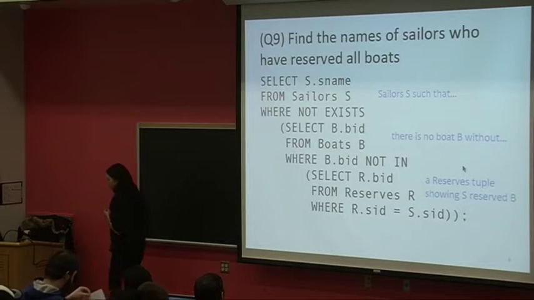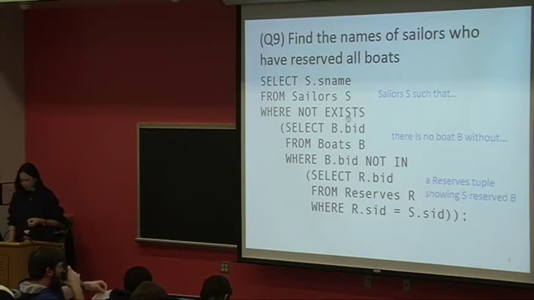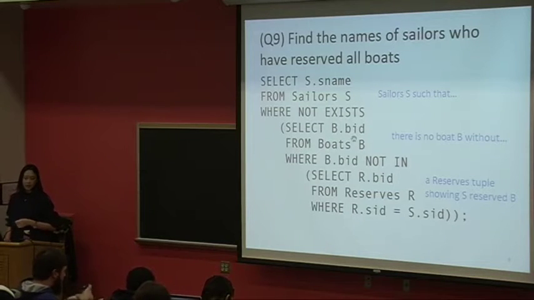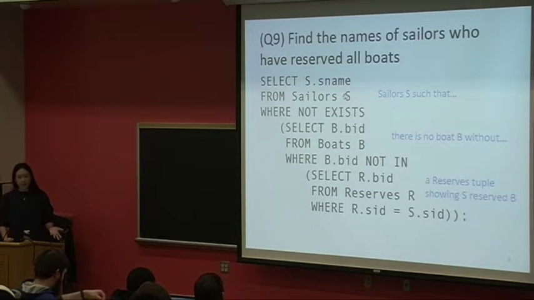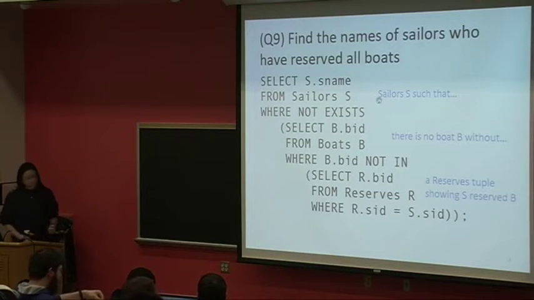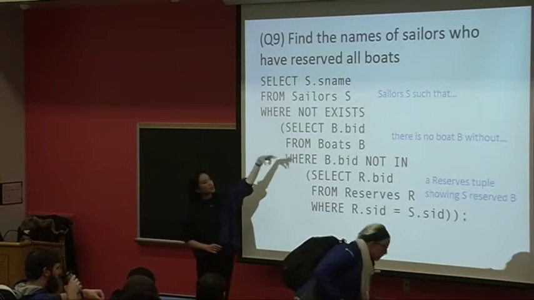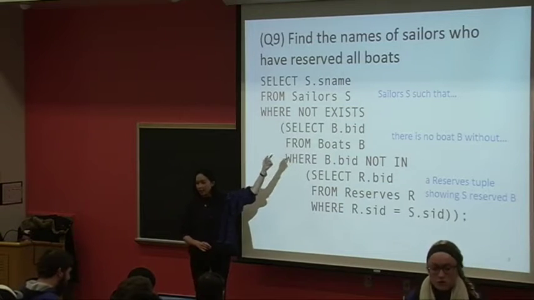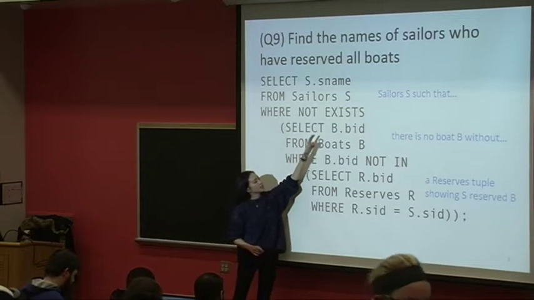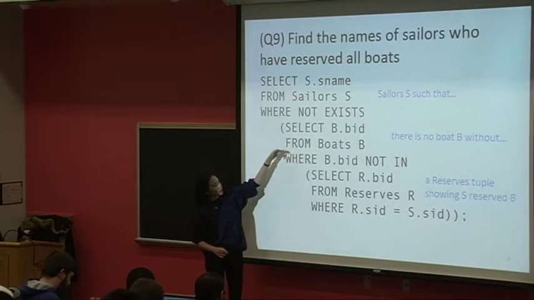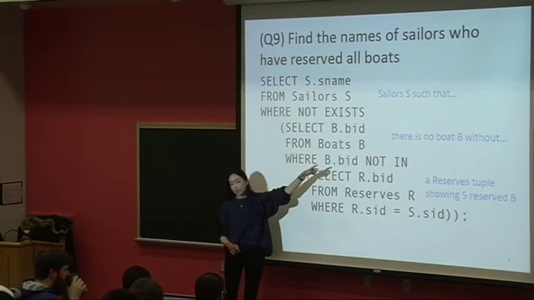It's a 3-layer nested SQL query. On the outside, we start from selecting the name of the sellers. You can think of the outer part as: the seller S such that, okay? The NOT EXISTS leads us into here, which is: there's no boat B, right?